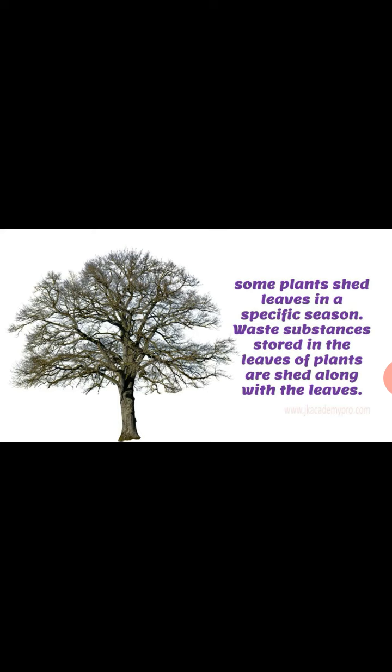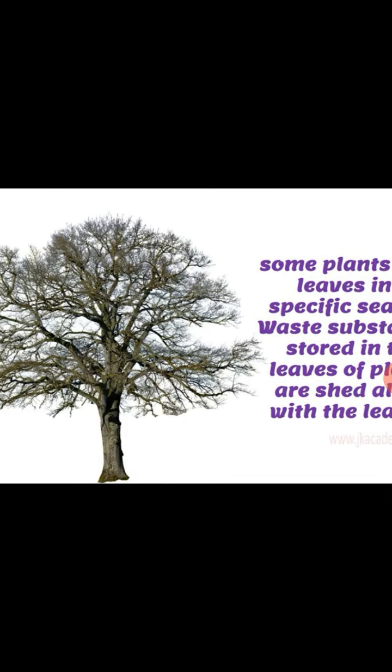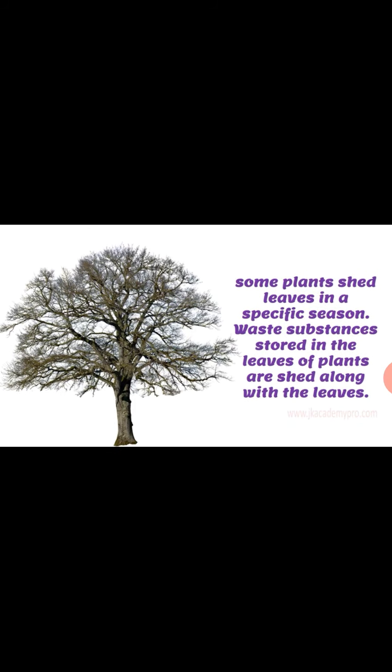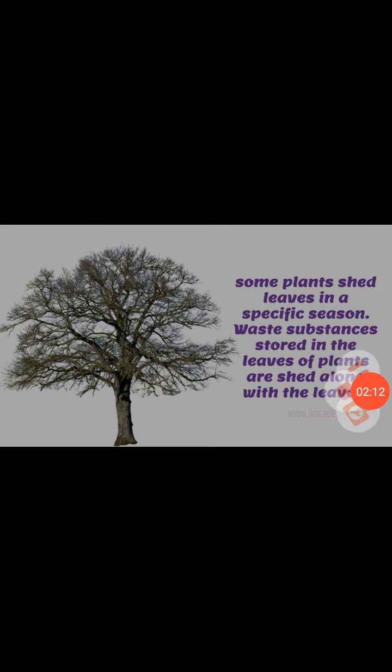By shedding their waste leaves. As you can see in this picture, this tree has no leaves, which means this is excretion. They excrete their waste leaves. Their shedding of leaves is called excretion. So plants also do excretion.